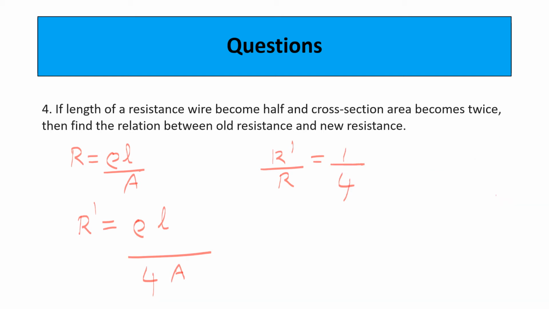If R dash by R is equal to 1 by 4, then 4R dash is equal to R when you cross multiply. That means the new resistance R dash is equal to R by 4.